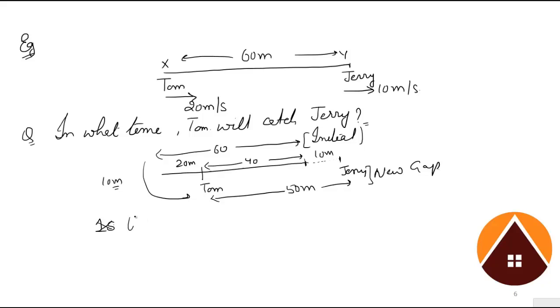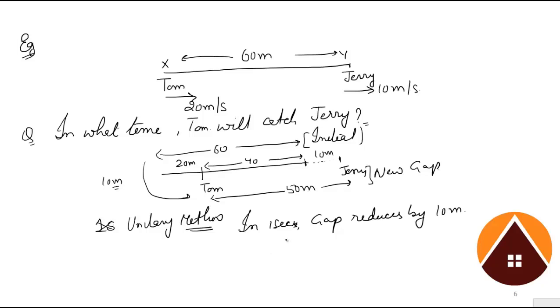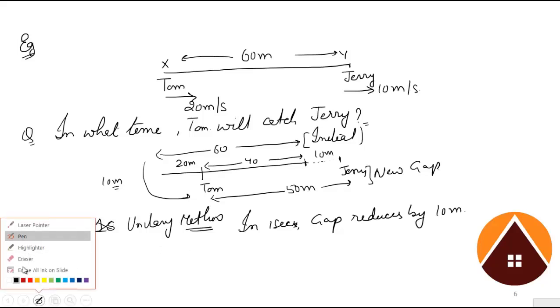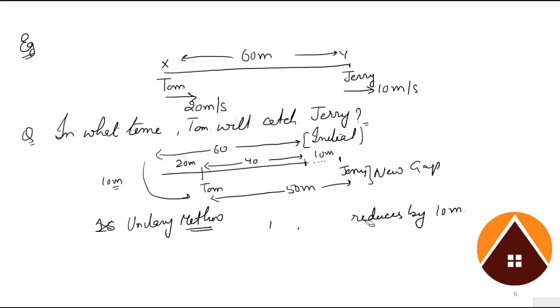So I can write by the unitary method that in 1 second, the gap reduces by 10 meter. Or I can write the other way, because they have asked to find the time, so I should better write like this: 10 meter is reduced in 1 second, right?